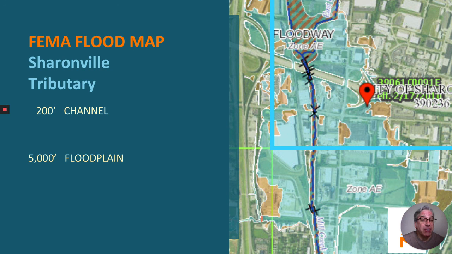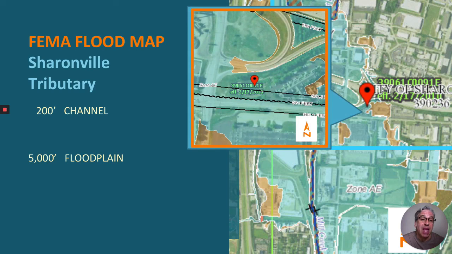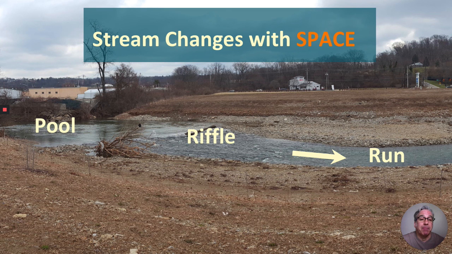In this map, you see that the 200-foot channel is part of a much larger floodplain system, and the inset shows the orientation of the channel within its 5,000-foot floodplain. It includes a considerable amount of development.